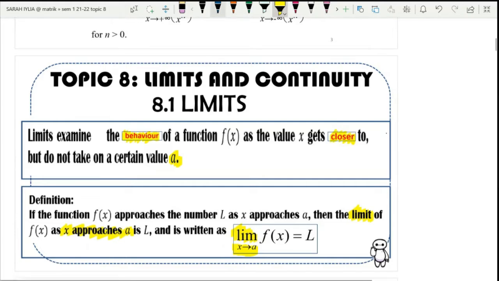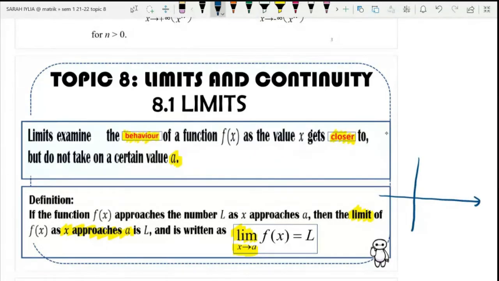Okay. So, maksudnya kat sini, let's say lah saya ada graph. Tak kisahlah graph apa-apa pun. Contohlah saya letak graf kuadratik lah kat sini. Okay. So kita bukannya nak tengok betul-betul apa, contohlah saya tandakan yang tu minimum point tu, let's say lah 1 lah kat situ, 2.